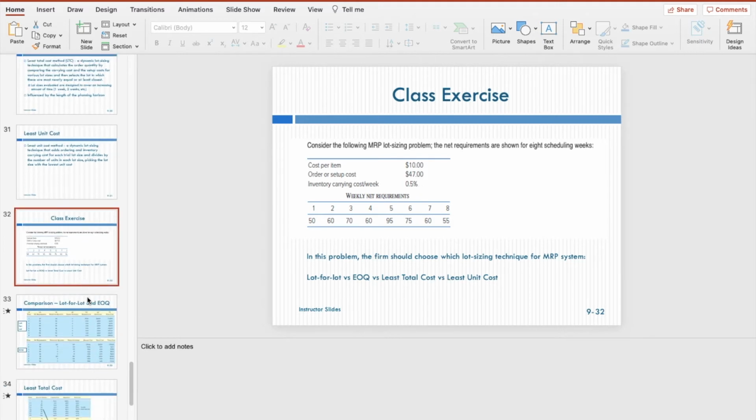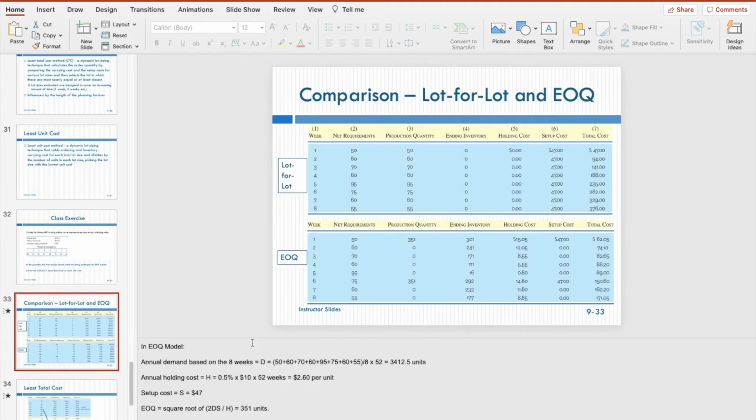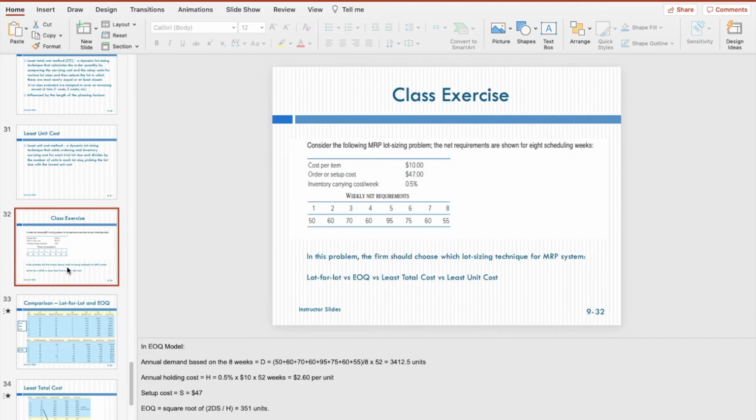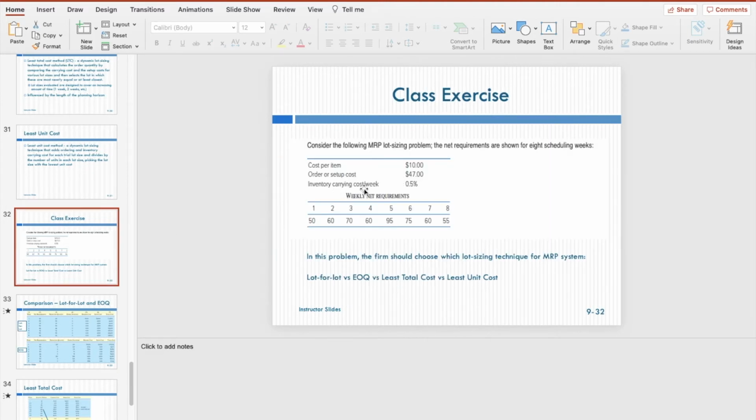So how to calculate the annual holding cost? 0.5% is per week. If we calculate the annual holding cost, you times 52 weeks, right?